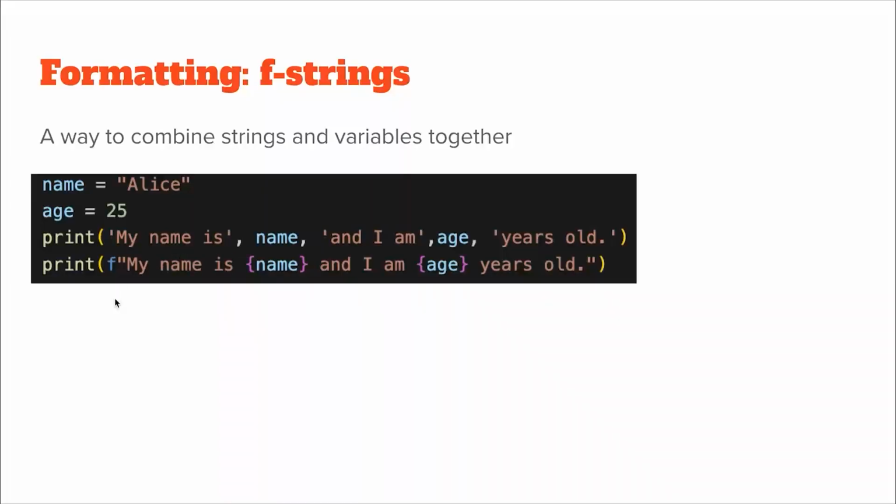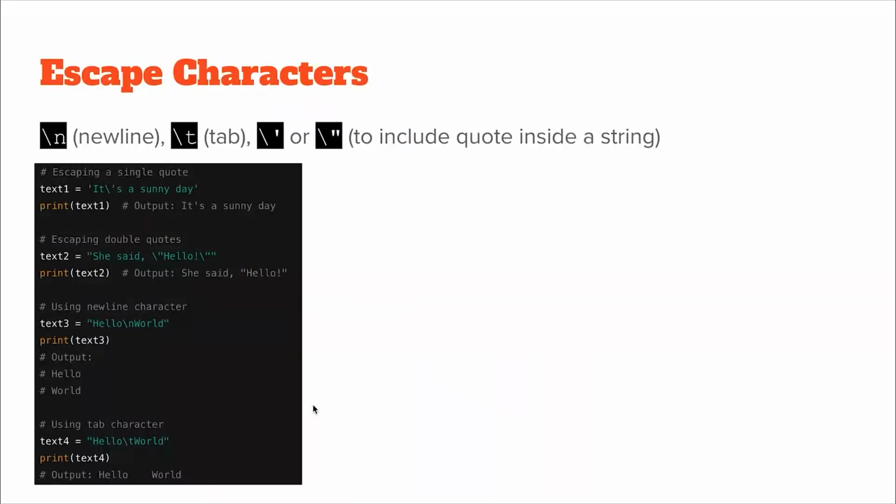In the other way, using the f-string, you can directly insert the variable inside your string without using plus, by using curly braces and putting the variable in them. In this way, you don't need to worry about extra spaces. This is a great way to format printing.